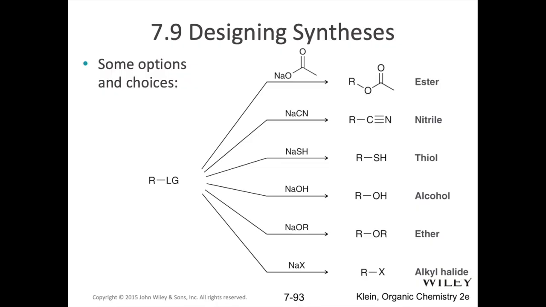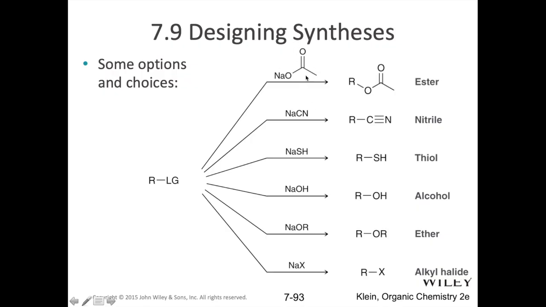From a synthetic standpoint, these substitution reactions are really useful just for swapping out functional groups. Based on the nucleophile you use, you can introduce some really great functional groups through just one step. Here we've got the sodium salts of all of these things.